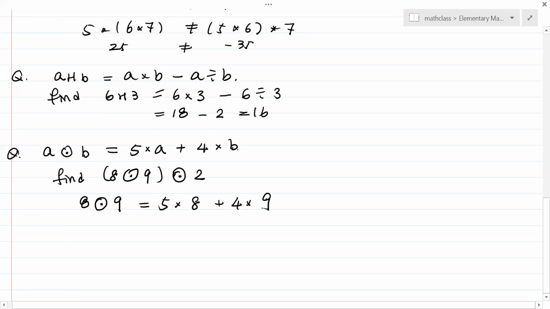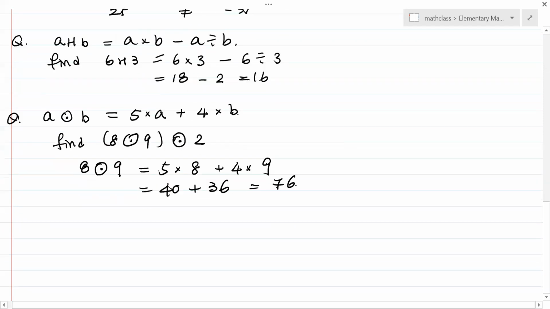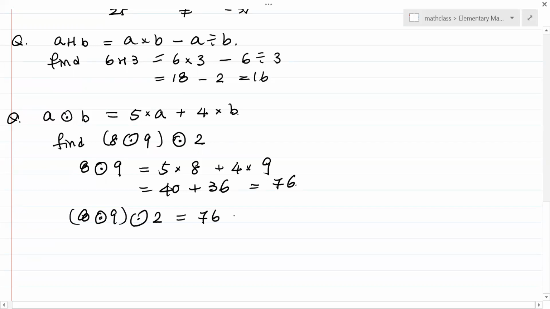So you do the computation first. 5 times 8 is 40, 4 times 9 is 36. Then that'll be 76. Then you put 76 first, then star 2, because you already computed that number.